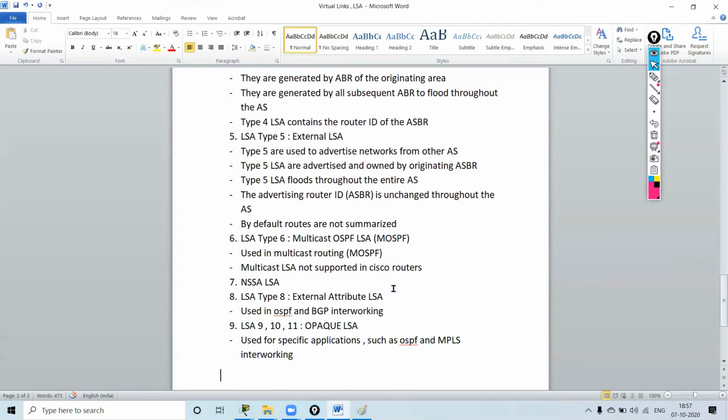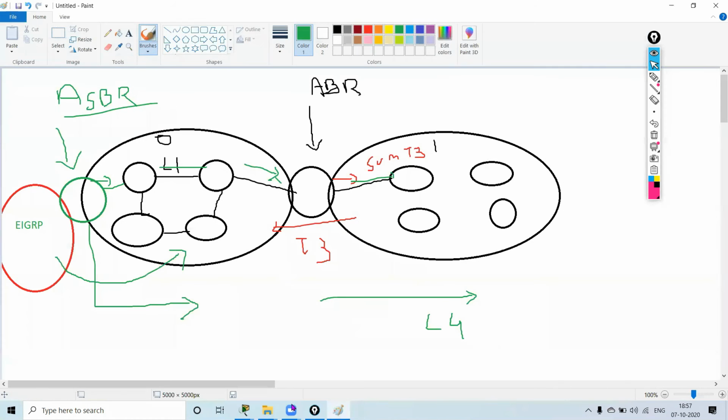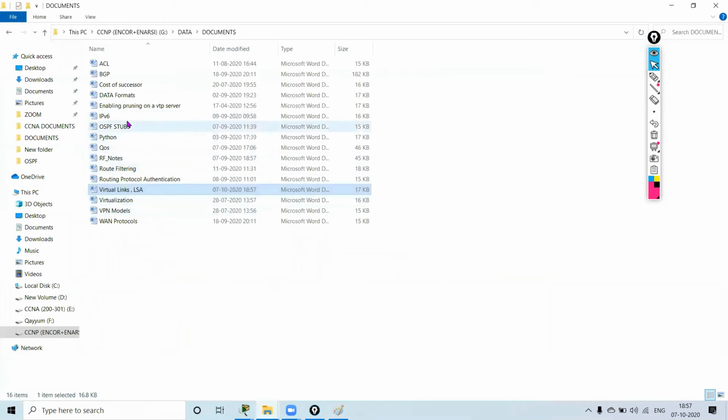Now these are my LSA types. Okay. Now after LSA, the LSAs are very important things.